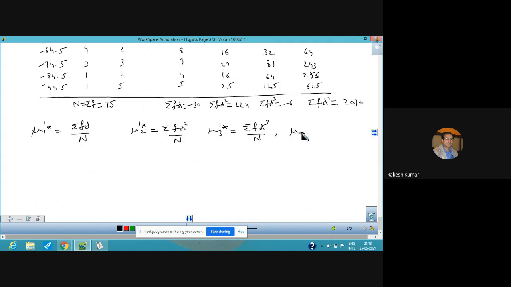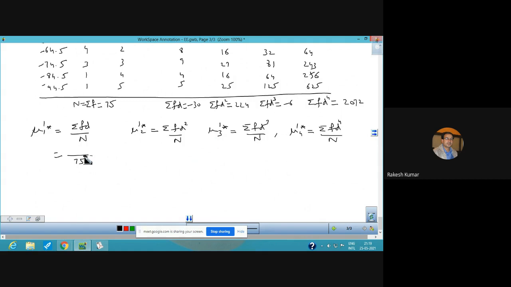So the formula is mu4 dash star, that is sigma f d 4 upon n. So these are the formulas.